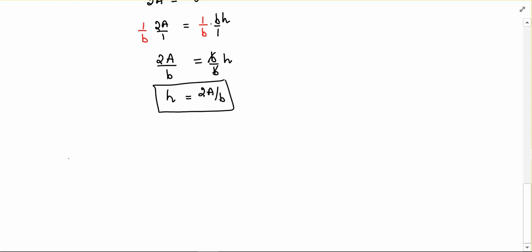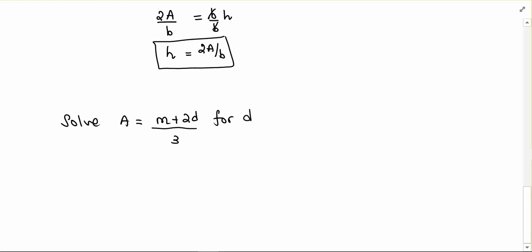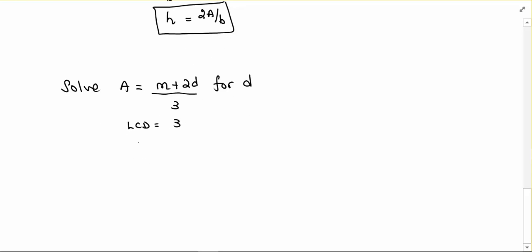The formulas you get don't have to be formulas that you worked with. So for example, if I said solve A equals (M plus 2D) over 3 for D, right? So we want to get D by itself. But again, this is a formula with a fraction. So let's find the LCD. The LCD is 3. So I'm going to multiply both sides by 3.